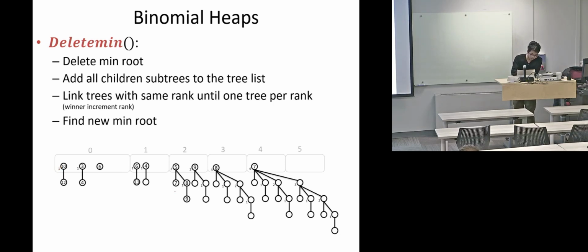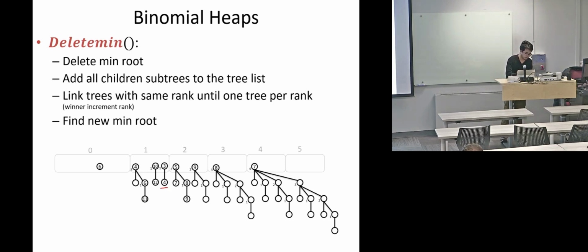So this guy links. And when you link, you see that the winner will be the smaller guy, right? 3 will be the winner because 4 is larger. And you put the rank here to be 1. And this guy has rank 1, so you move it to this rank 1 bucket. And then you continue. The rank 1 trees you link.